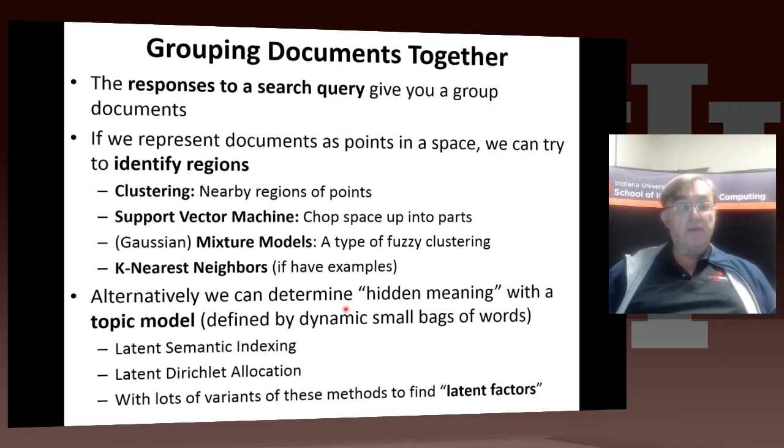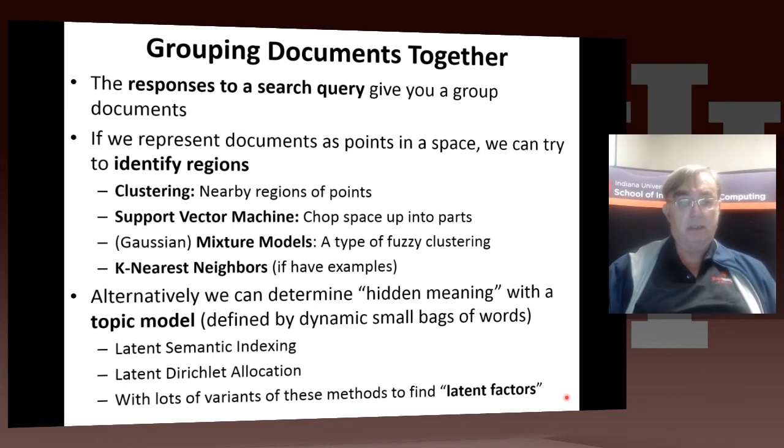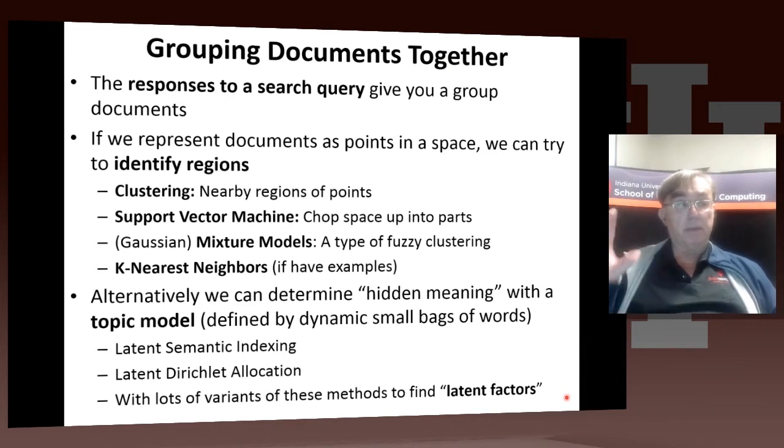So you try to find topics defined by these bags, and there are various methods, latent semantic indexing, latent Dirichlet allocation, which find the so-called latent factors. These are the hidden factors, which are not obvious at a first glance. Words or terms are not topics because they're blatant.